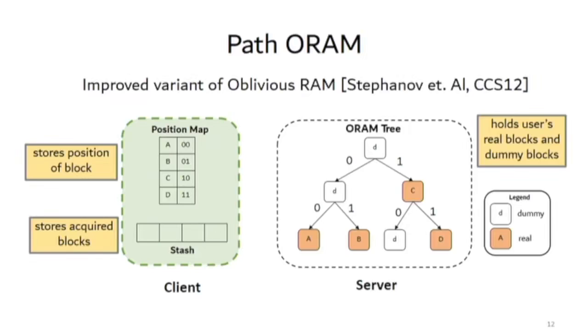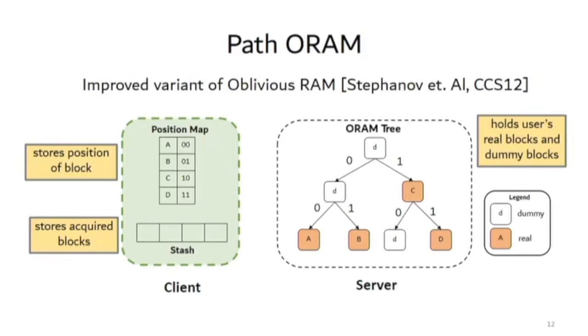Then on the client side, you have a position map and you have a stash. What the position map does is simply hold the position of individual blocks of the client. For example, A is stored at 0, 0. That means to access A, you have to go through 0 and 0 to get A. Whatever the path is, it's stored over here.